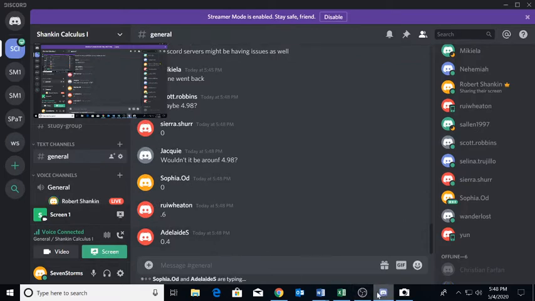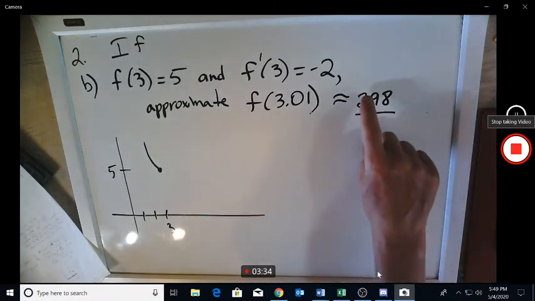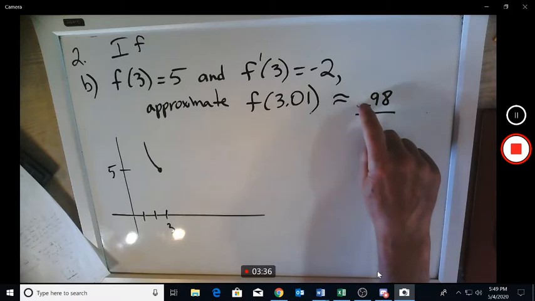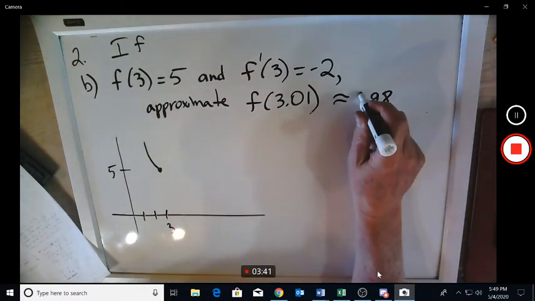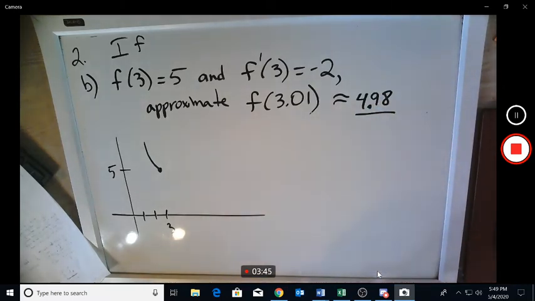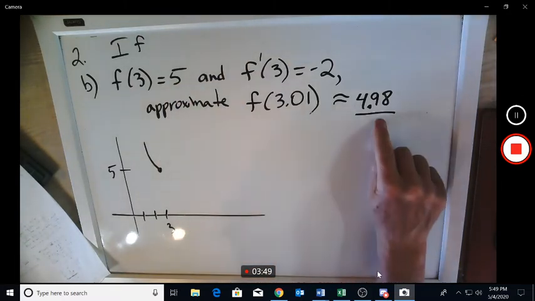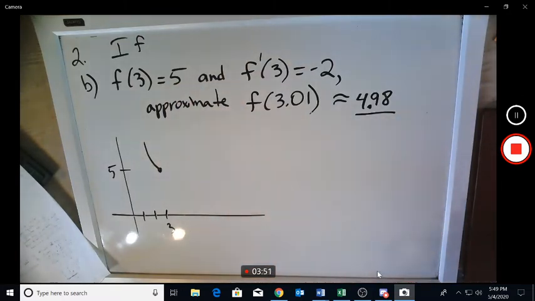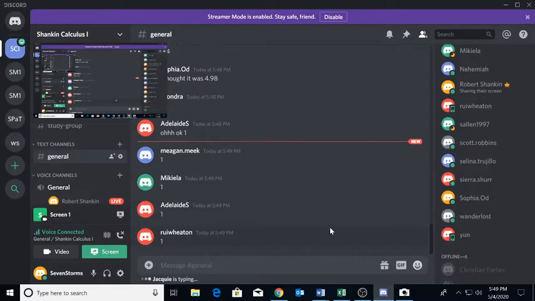Sorry, I made the mistake. Let me get feedback again after I do it right. It wasn't a little bit smaller than 3. It's a little bit smaller than 5. So, of course, you don't know if you got it right when I had the wrong thing. So the right answer is a little bit smaller than 5, like 4.98. Now give me feedback again on the correct answer, if you got that right or not.